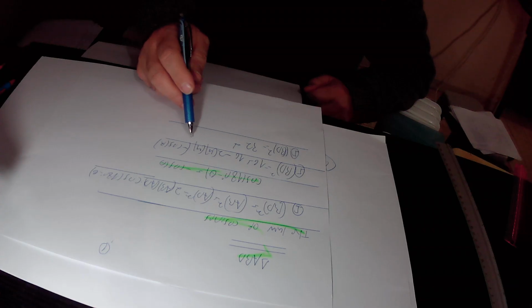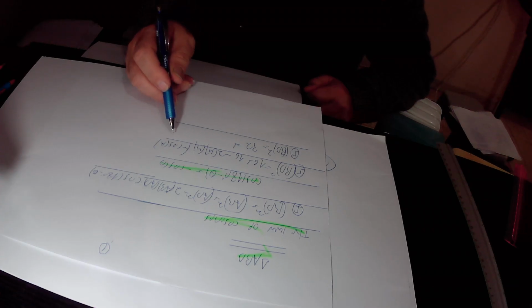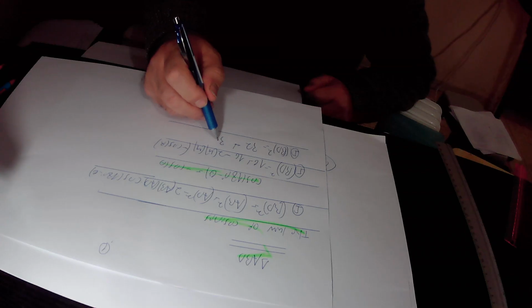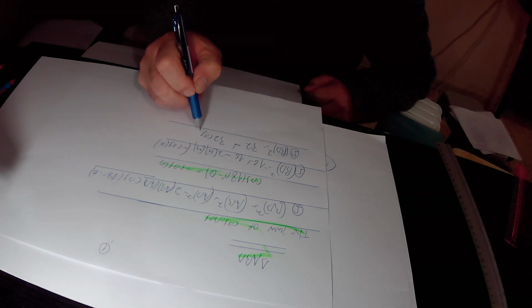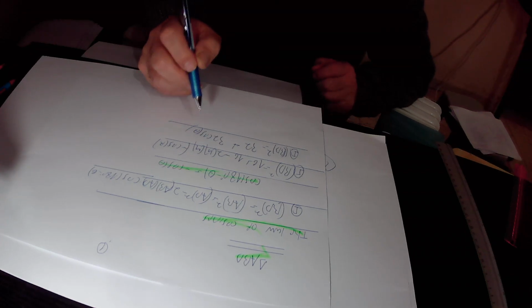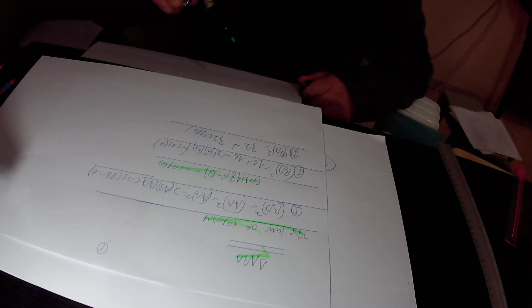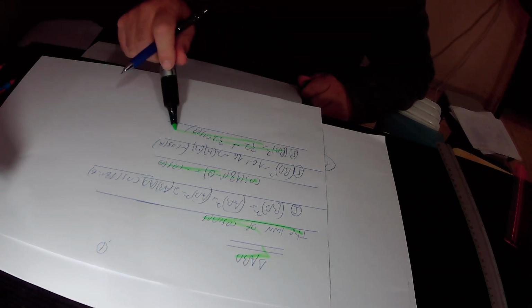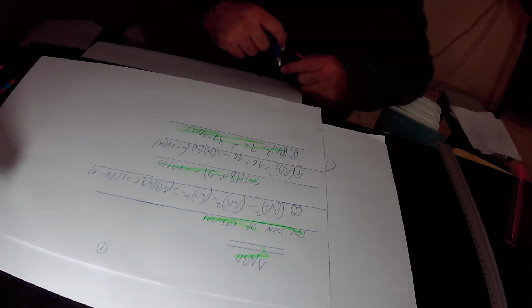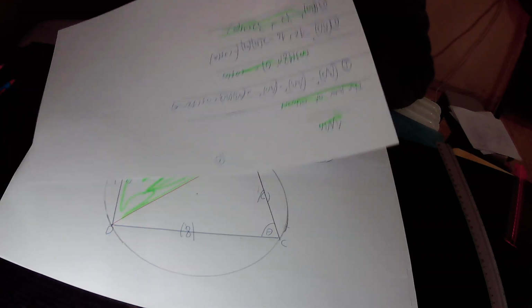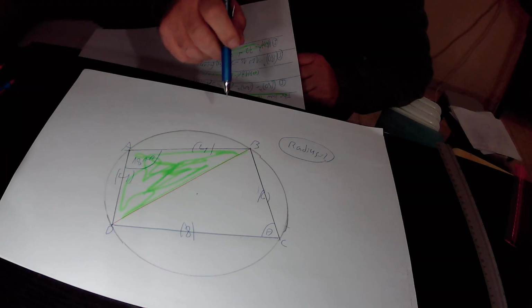So in total this expression equals 32 times cosine theta. So according to equation 1, BD squared equals 32 plus 32 times cosine theta. Likewise, we now apply the law of cosines on this triangle BDC.